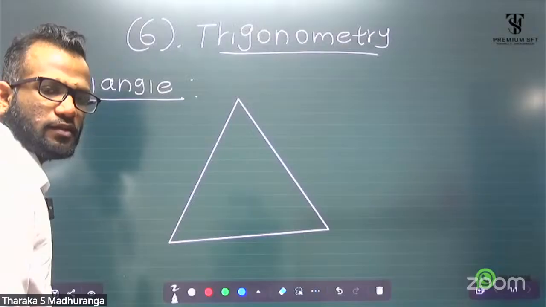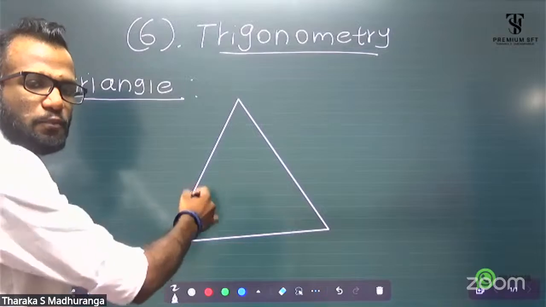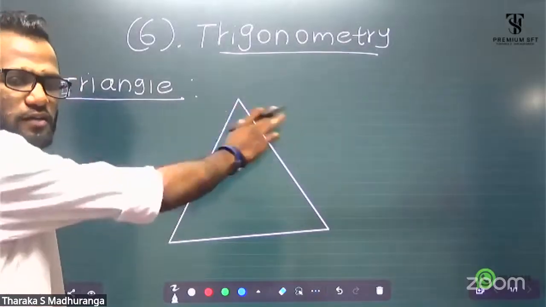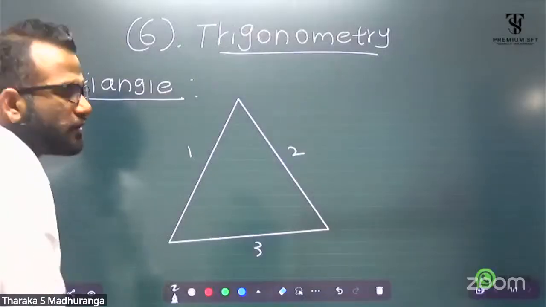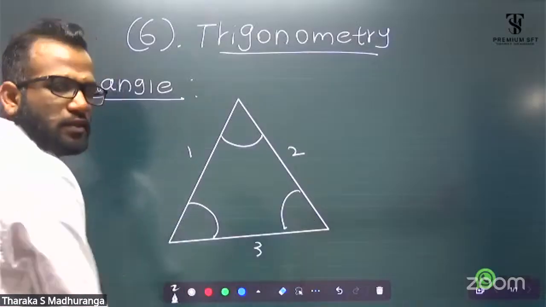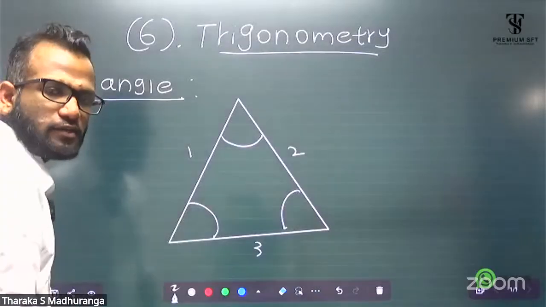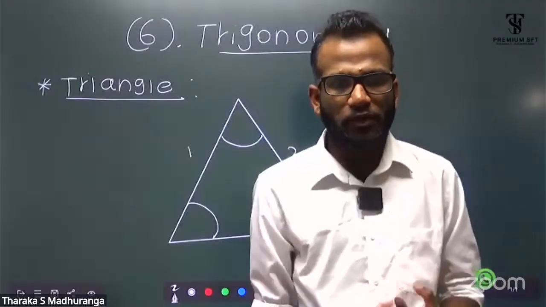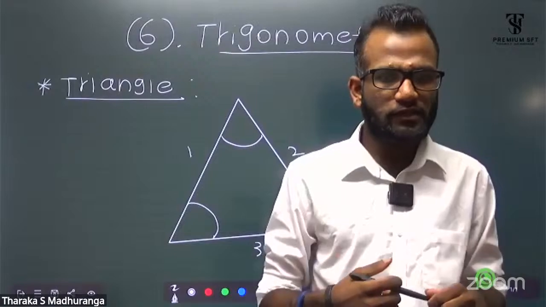This is a triangle. A 2D shape with three sides, not faces. 1, 2, 3: three sides and three angles. See, angle 1, angle 2, angle 3. And three vertices. Okay, the triangle is a 2D shape with three sides, three angles and three vertices.